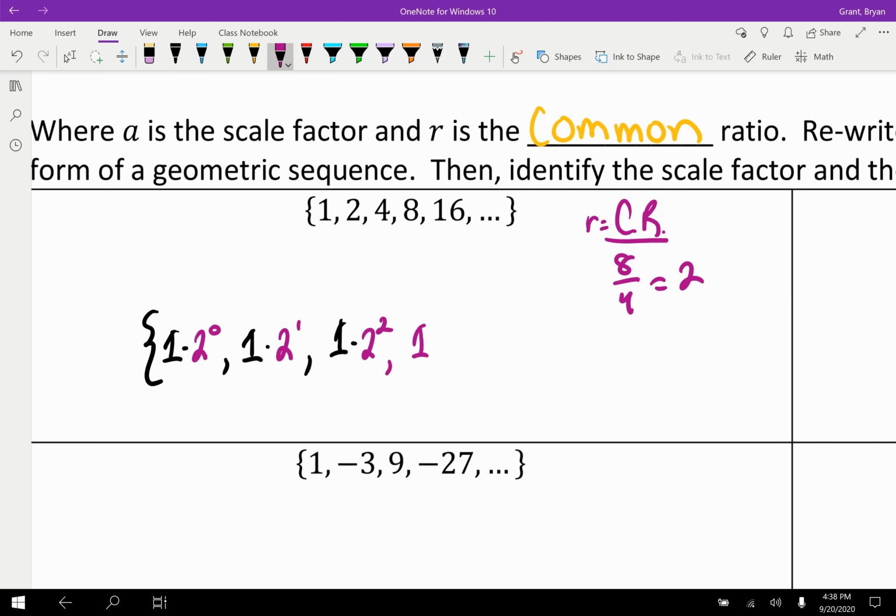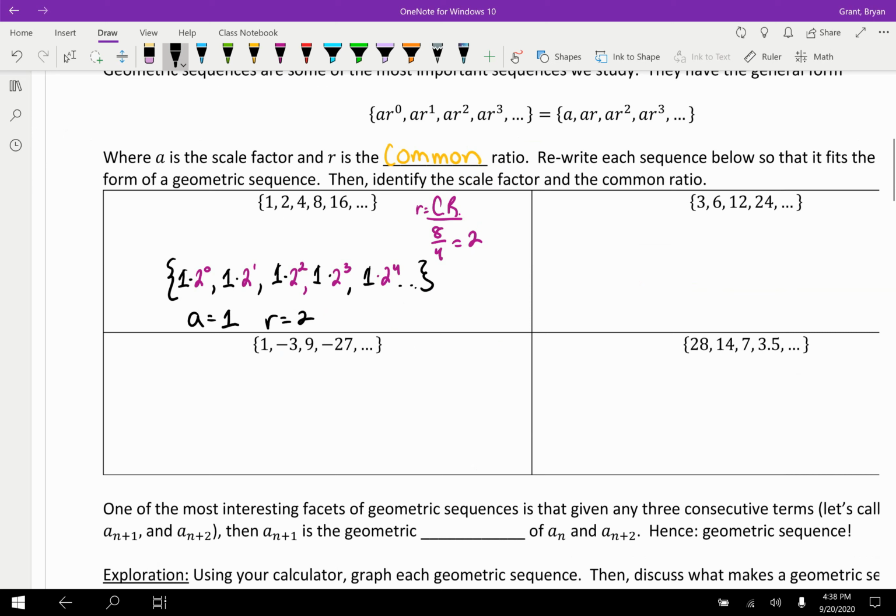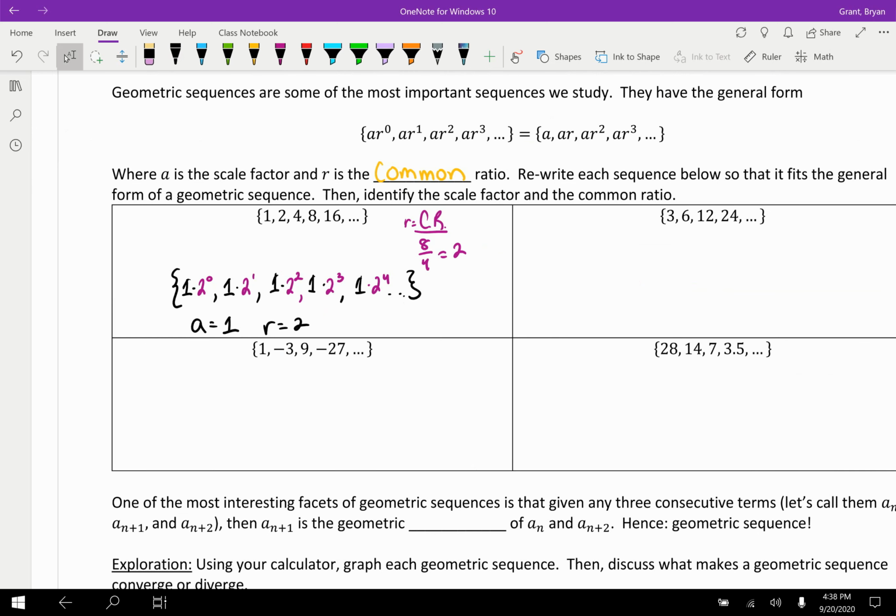Common ratio to the third power is going to be 8, I think, and the common ratio to the fourth power will be, of course, 16. One more of these, times 2 to the fourth, and then go from here. So that means that my scale factor is 1, my common ratio is 2, and we get the idea. Go ahead and pause and try these other 3 problems, and then you can come back to me and make sure you did it all right.